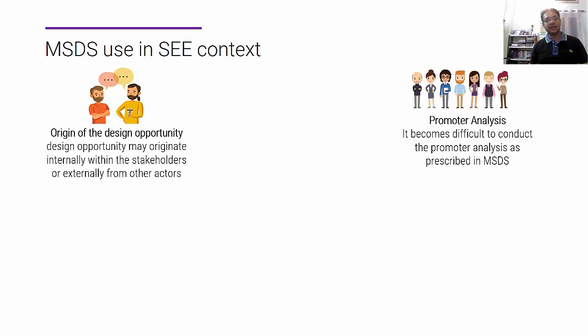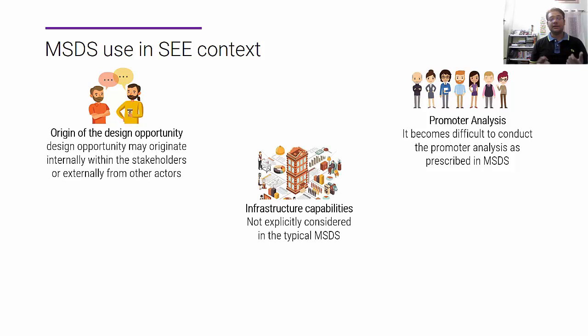The second issue that we found was it was becoming very difficult to conduct a project promoter analysis as prescribed in the MSDS methodology. Promoter analysis is the process of understanding the motivations of the person who is initiating the design project. The third issue that we identified was the lack of explicitly considering infrastructure capabilities.